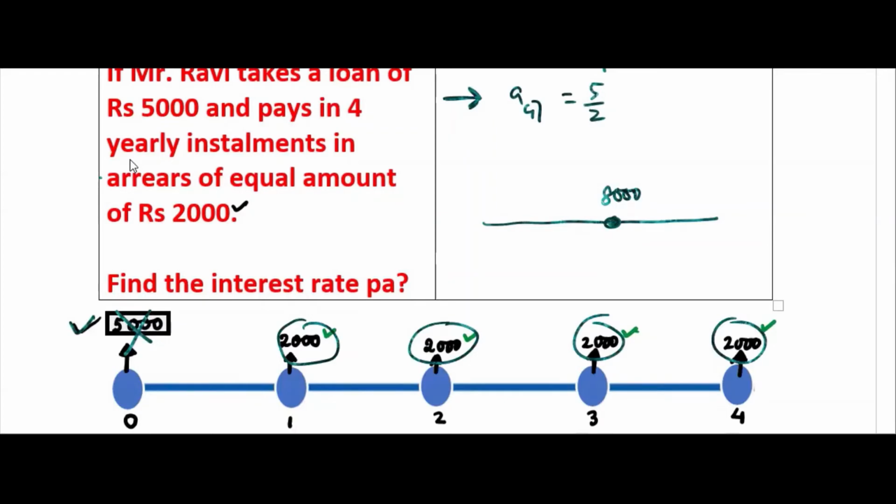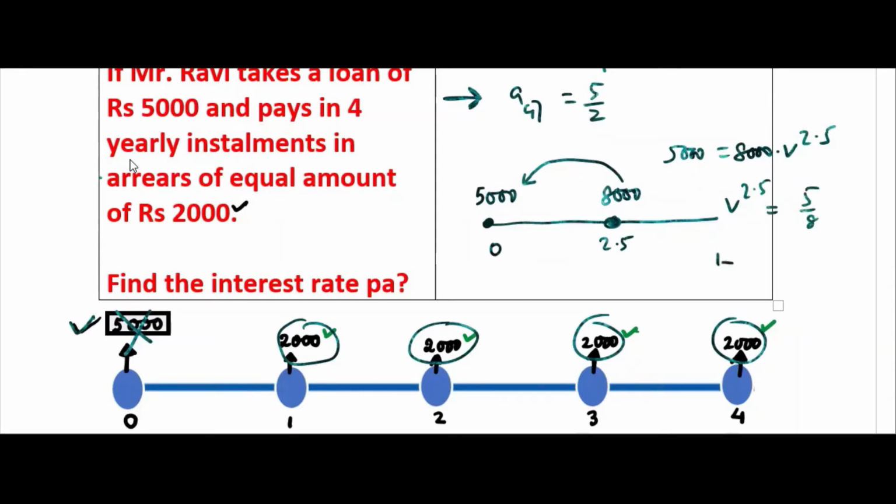If you see here, 2.5 is the average one. 5000 is here, so this discounted value should be 5000. Roughly I have taken the average. So this one you can solve: 8000 v power 2.5, and v power 2.5 will be 5 divided by 8.